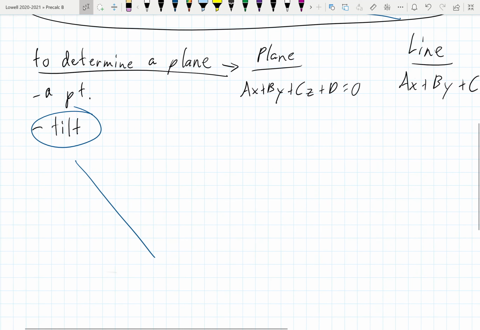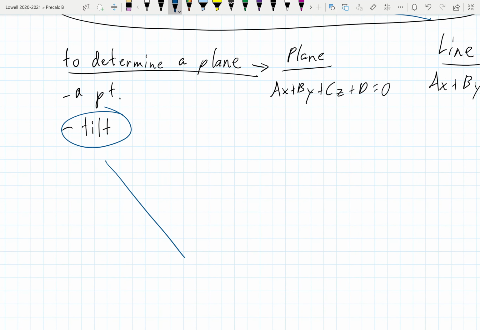But pretend this is a plane. This is a side view of a plane, a piece of paper. What I can control or notice is this vector, which is perpendicular. We call this the normal vector of the plane. And what's so special about this?